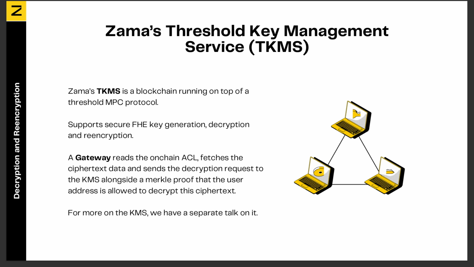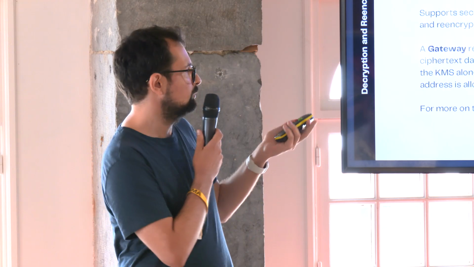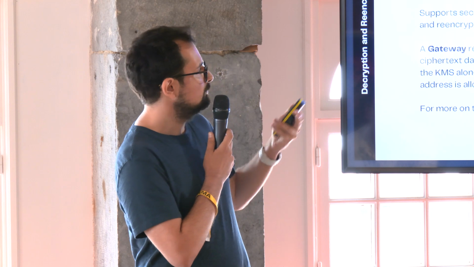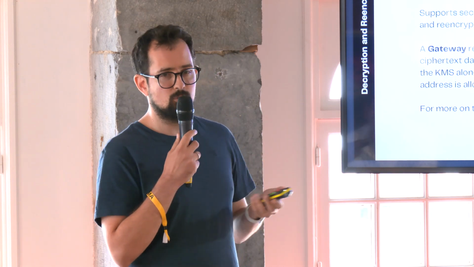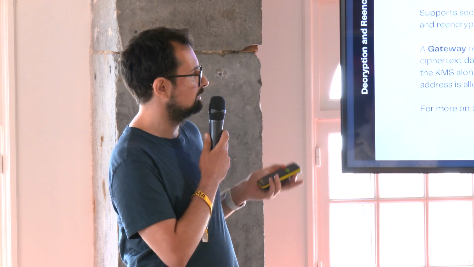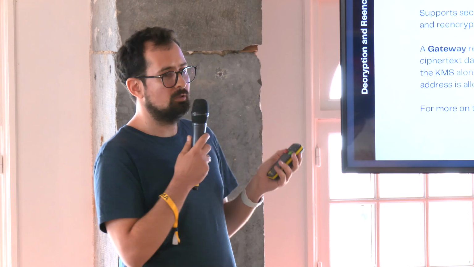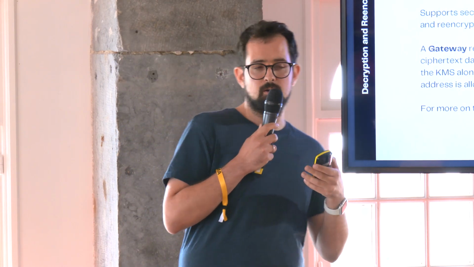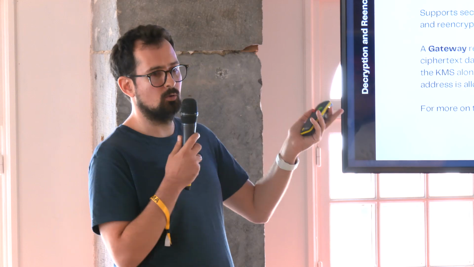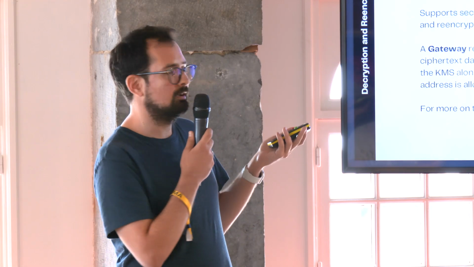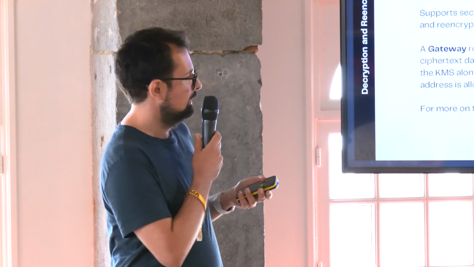And we give these shares to separate nodes. It will be best if these nodes are independent. And then we use multi-party computation to do encryption and decryption between these nodes. At no point in time is the secret key known to any single party. So basically, if there's an attacker, they have to corrupt multiple parties.